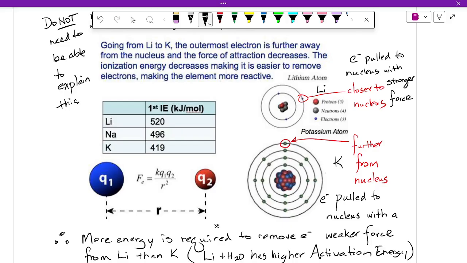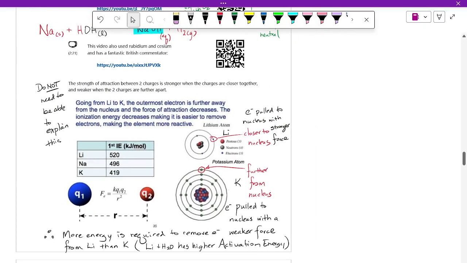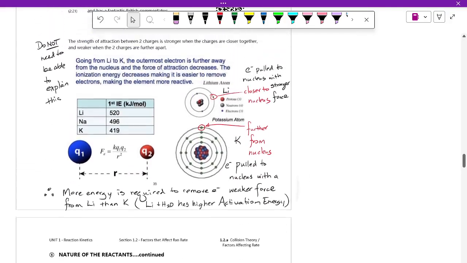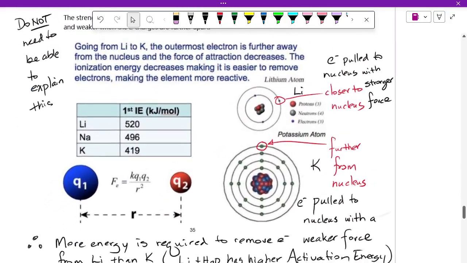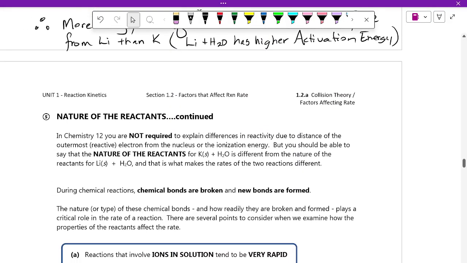So that's the only part of this that you need to take away. You don't need to be able to talk about how many shells there are, or that lithium's shell is further, closer, whatever. You just need to be able to say that the nature of reactants affects the activation energy. In Chem 12, you're not required to explain the differences.